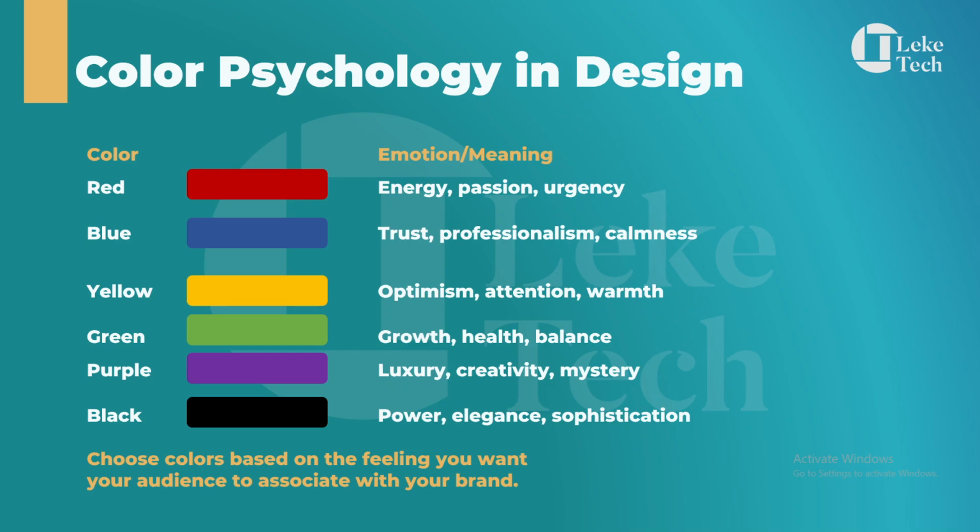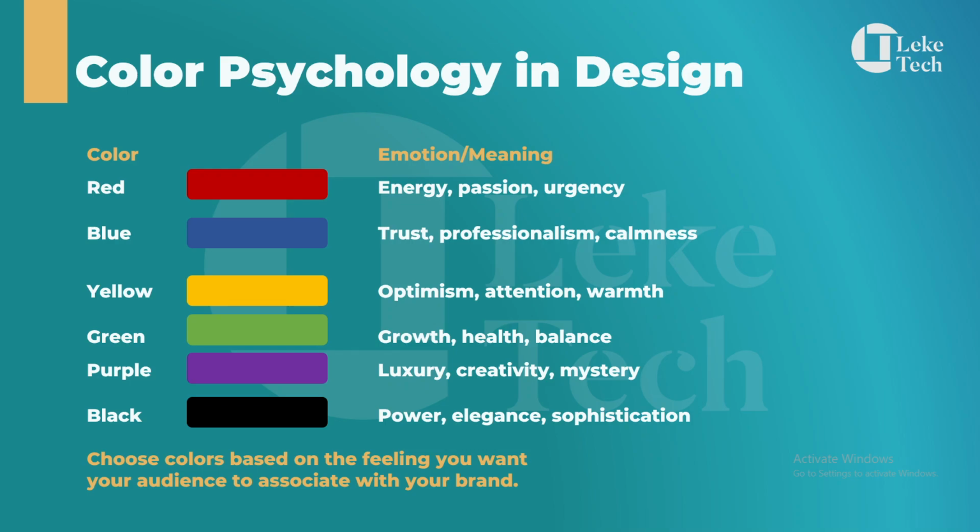So later on, we also look at some websites which you can use in order to get some of these color palettes. Now, color psychology in design. What does each of these colors represent? What do they stand for? In which situations can you use them? For example, red and its emotional meaning stands for energy, passion, urgency. On stop signs on the road, they use red for urgency, right?